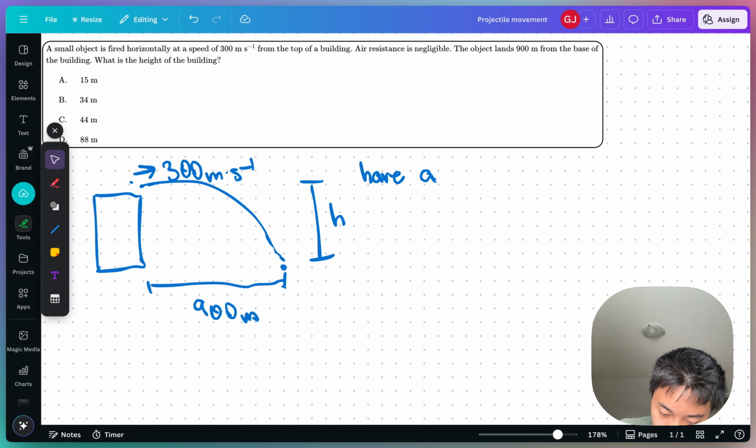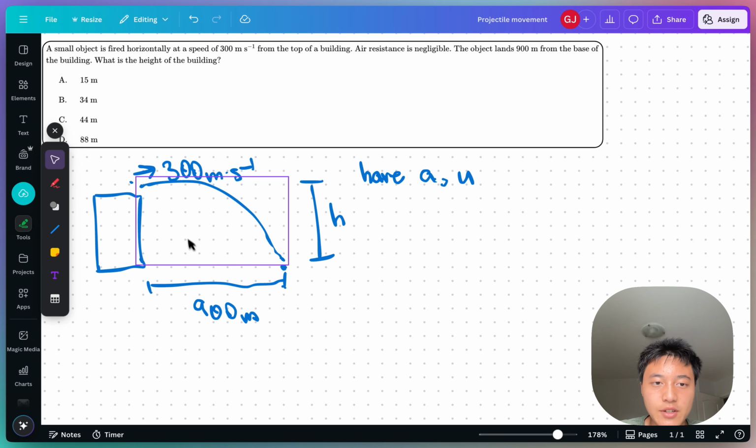So we have u, the initial velocity, and we also have time here.